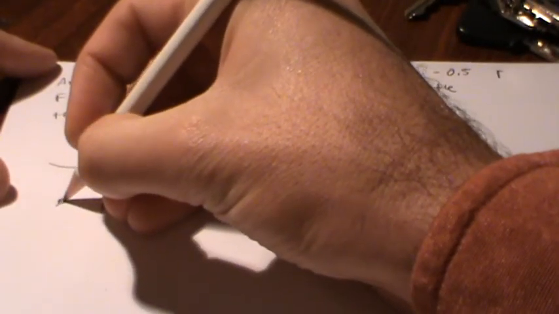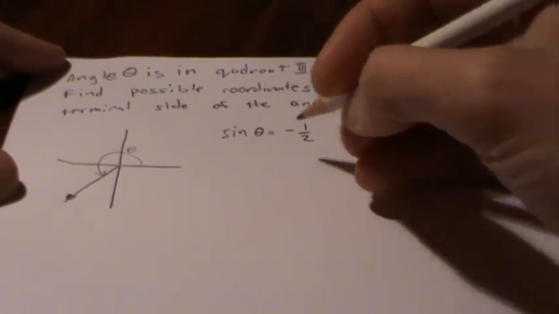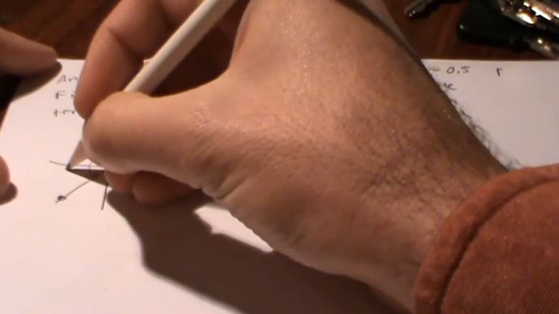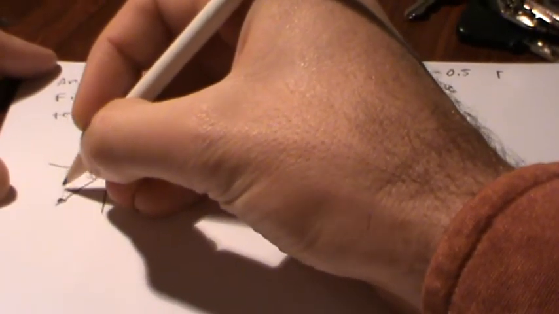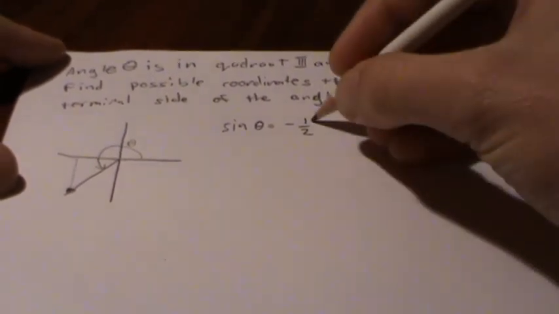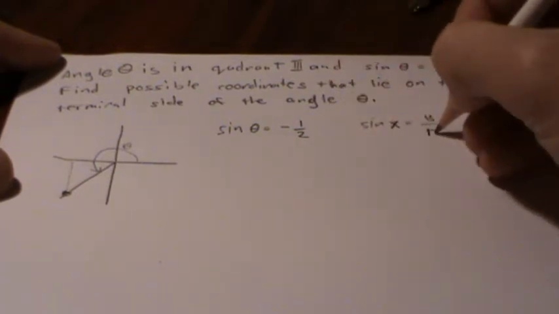Okay, and so what we're trying to find is a point on the angle, and a point on the angle is going to have the following, because we already know that the y coordinate can be 1 and the radius can be 2 here.